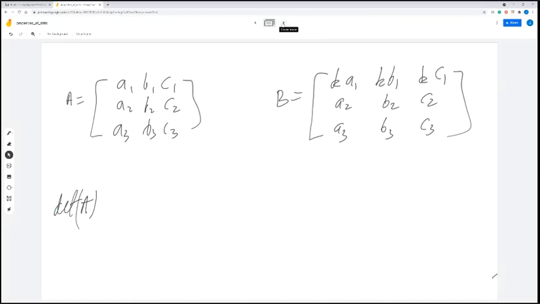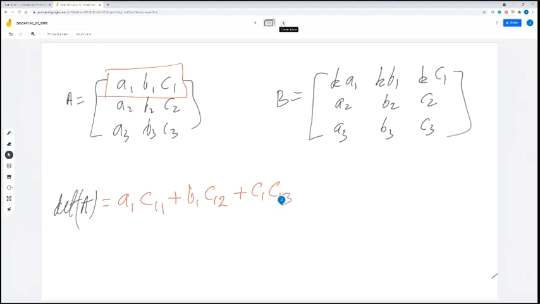If I take the top row, it's going to be a11, which is a1, times its cofactor, C11, plus a12, which is b1, times its cofactor, C12, plus c1 times its cofactor, C13.